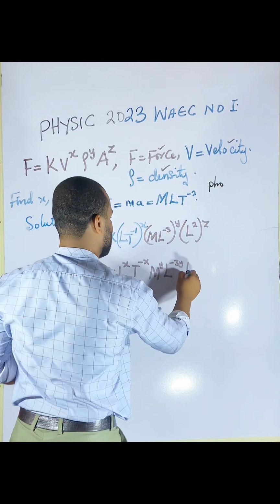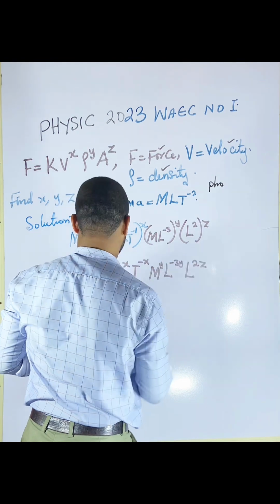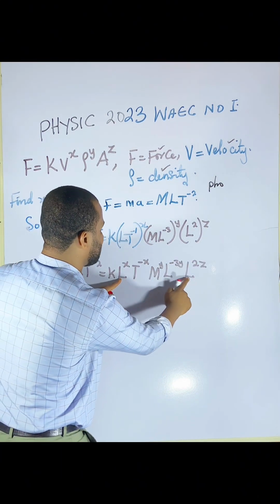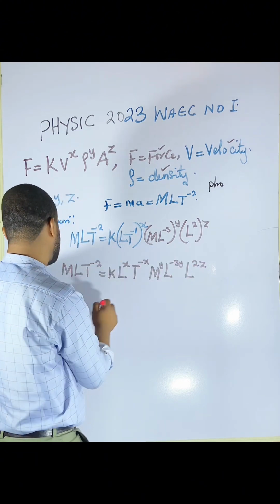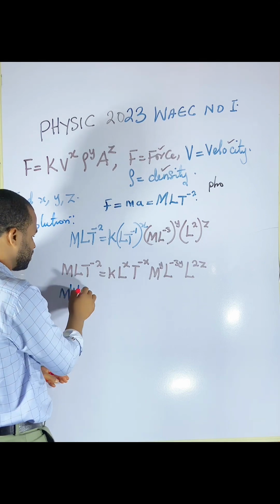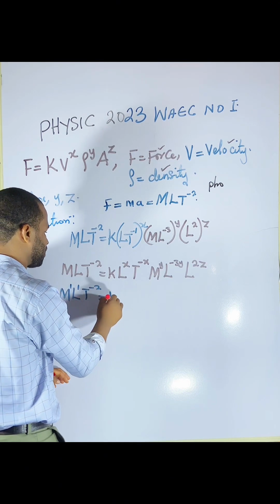And this is L^2z. The next thing I'm going to do is for all the ones with the same base, I will add their powers. So this is M^1, T^-2 equal to K.